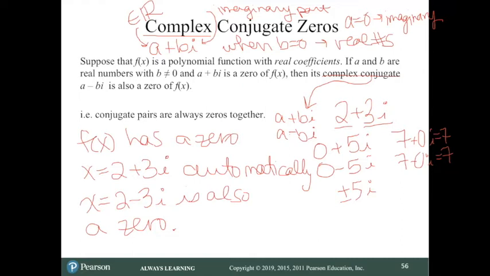As soon as you have one of the complex numbers as a 0, you know that its conjugate must also be a 0. Now this is important because if I give you a list of zeros and I give you one complex 0, then in order to have the complete polynomial function, you have to include its conjugate when you write it into factored form. So let's look at an example.